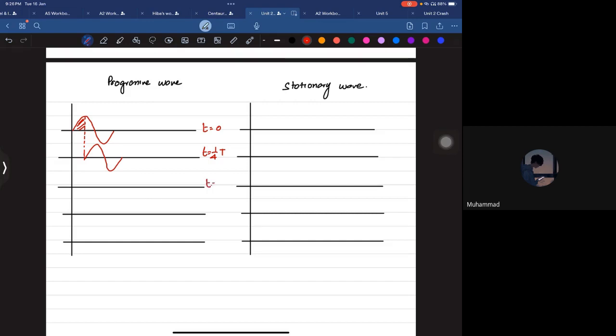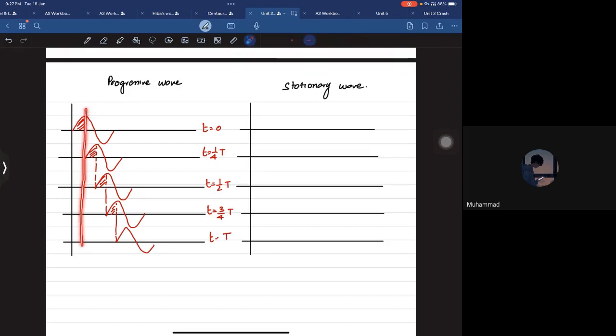When half a time period has passed, the next quarter, because half is 2 quarters, it means 2 quarter waves have gone forward. When 3 quarters of the time period have passed, about 3 quarters of the wave has gone forward. And when 4 quarters, which is a full time period, have gone past, a full wave has now gone forward.